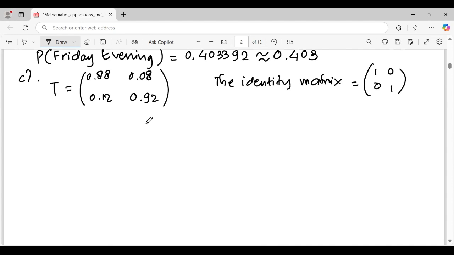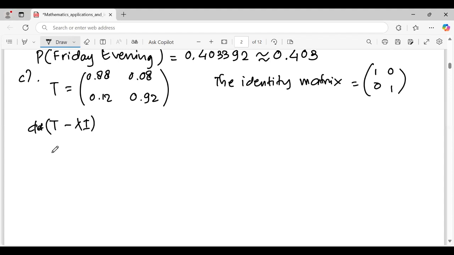To find the characteristic polynomial of this matrix T, we need to compute the determinant of T minus lambda times I, where I is the identity matrix.